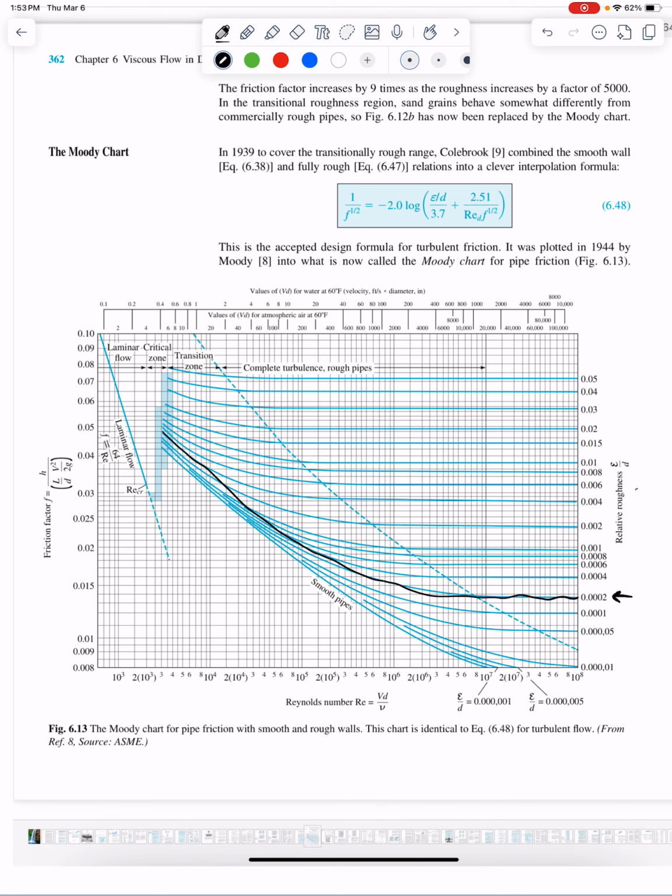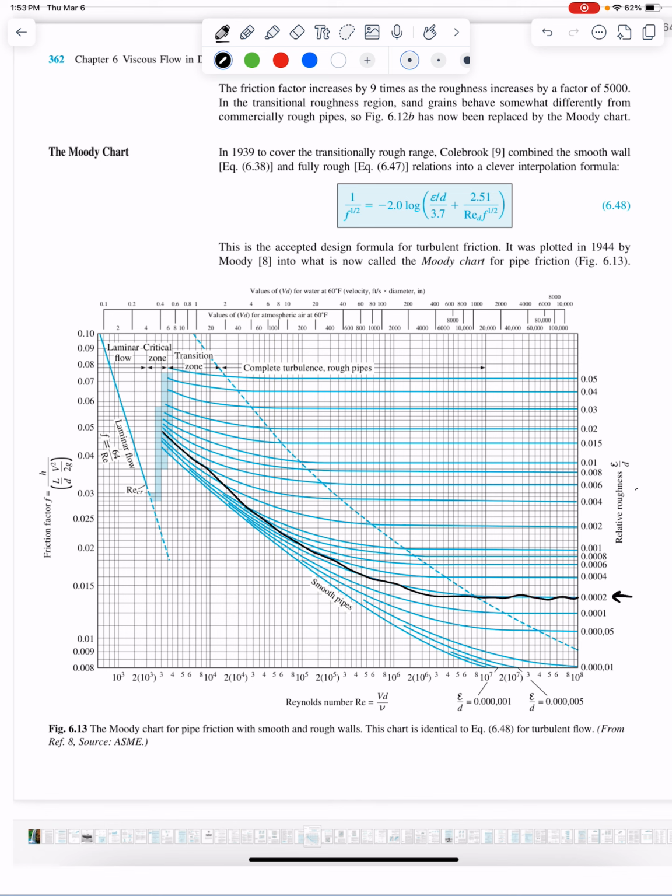And as I said earlier, with a fixed roughness, a lower Reynolds number, meaning slow flow or high viscosity flow, results in higher friction factors. However, fast flows or low viscosity flows result in lower friction factor values. And eventually, after a certain point in the Reynolds number, no matter how much more you increase it, the friction factor starts to plateau, which implies there is a best case scenario for friction.